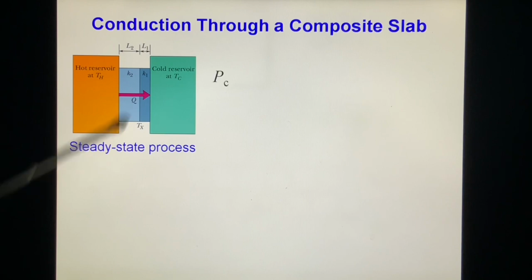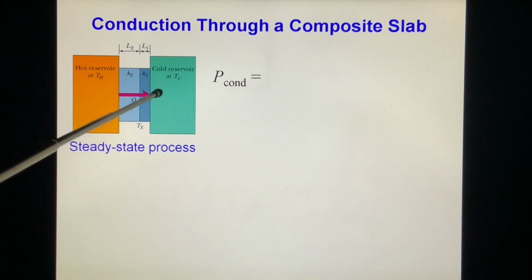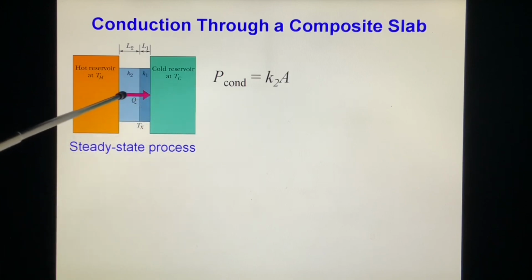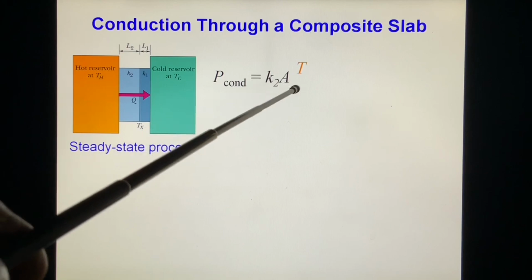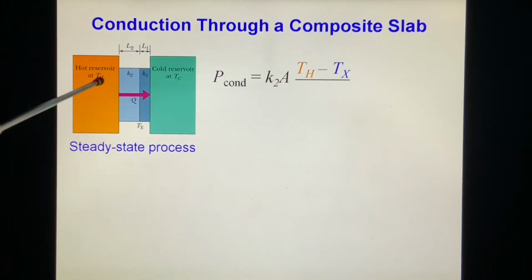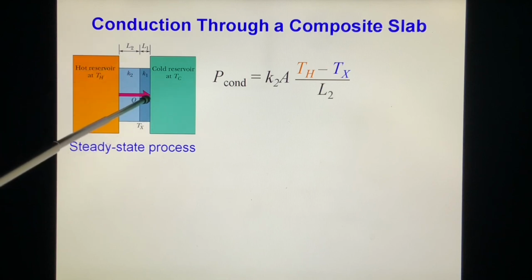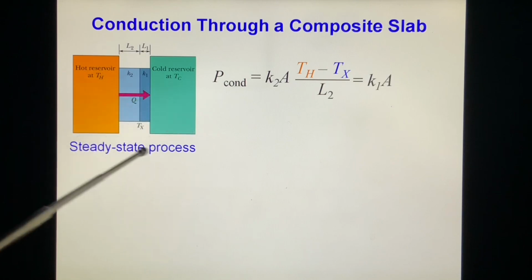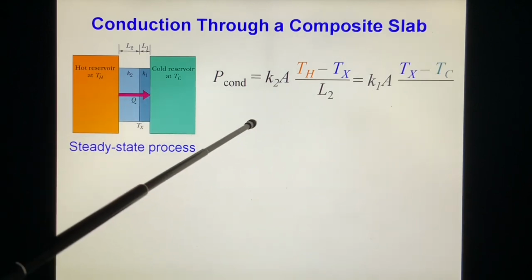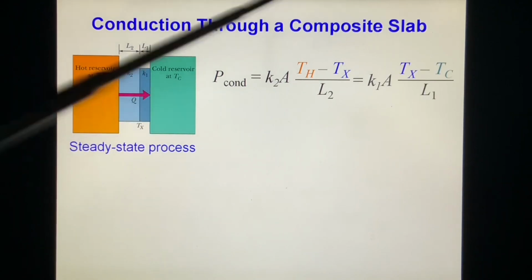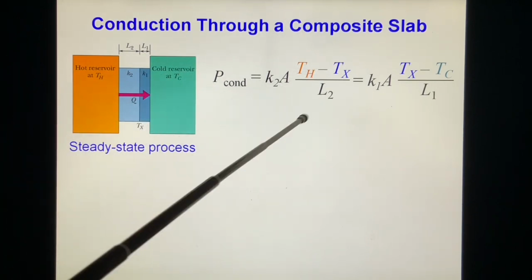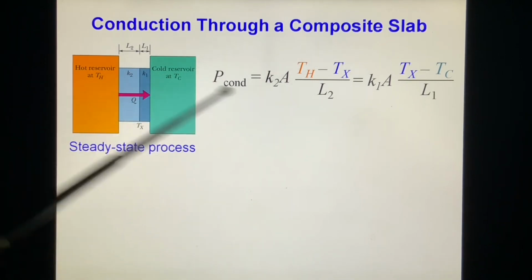So in this case we write the conduction power through the two slabs: K2 A (TH minus Tx) over L2 equals K1 A (Tx minus TC) over L1. This is physics: in a steady state process, the heat passing through 2 is equal to the heat passing through 1.